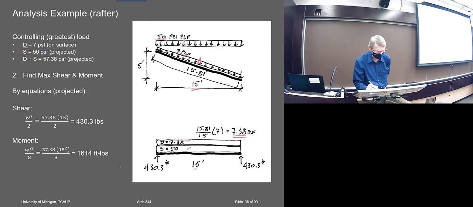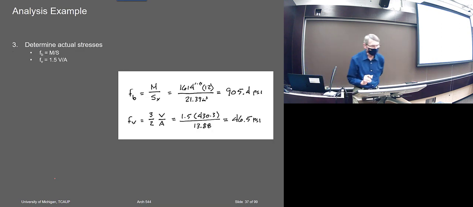And now we can just calculate the shear and the moment. So there's shear, end reaction, and the moment, 1614, I guess. Okay. So this is then the actual, then I convert that to stress. Here's the section modulus for the, what was it, a 2x10, I think? I forget.